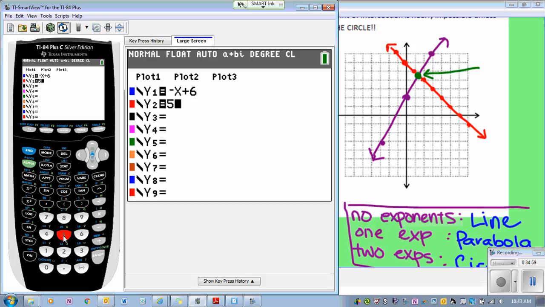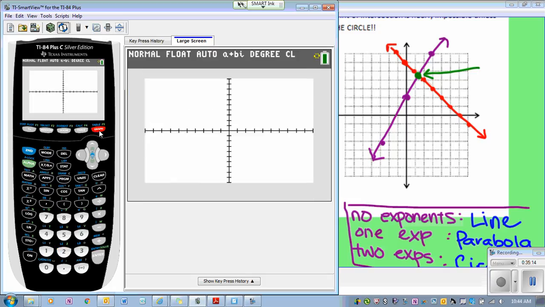Was it 5 thirds x plus 2? Yeah, 2. Okay. So we're going to put both of these in. Pick graph. Let's take a look at it. Okay, so this is good. My graph looks like the graph that we have on our paper.